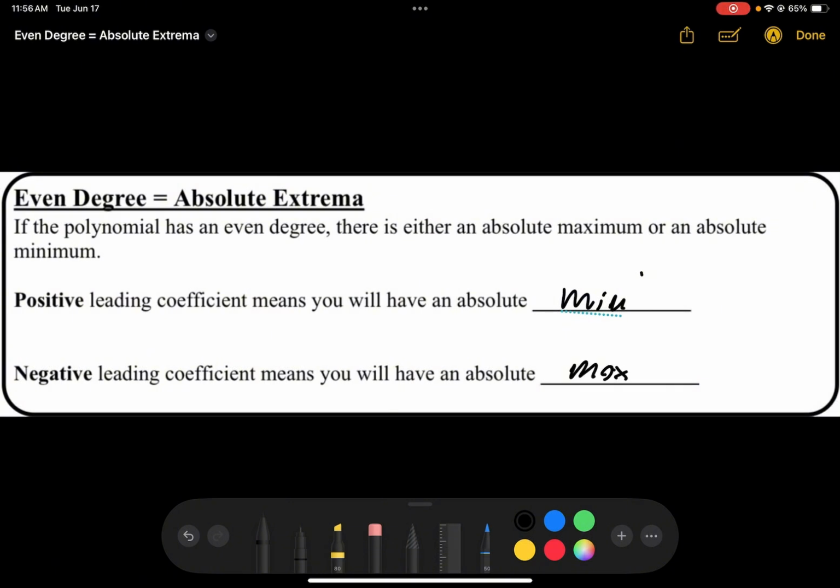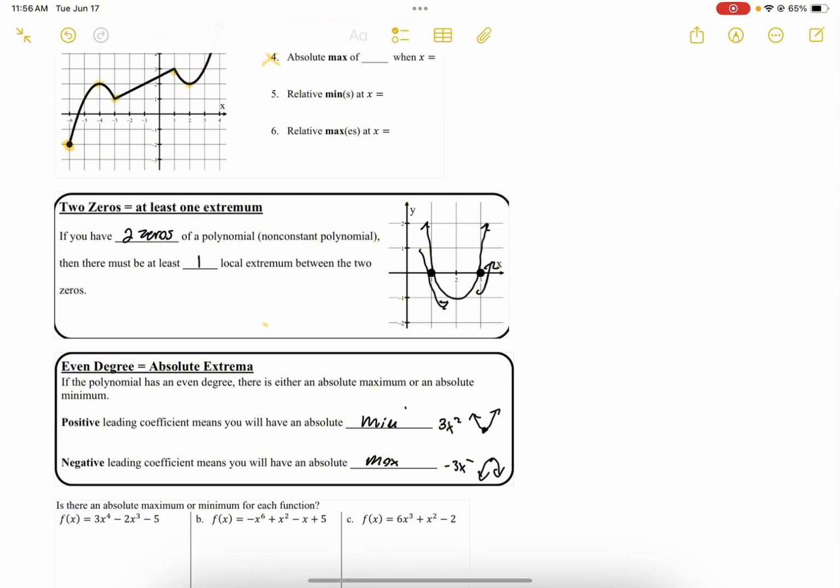You may know this because let's say you have negative 3x squared and 3x squared. The graph for 3x squared would look like this, so you have an absolute minimum. And for negative 3x squared, it's flipped over, so you have an absolute maximum. Pretty simple, pretty self-explanatory.